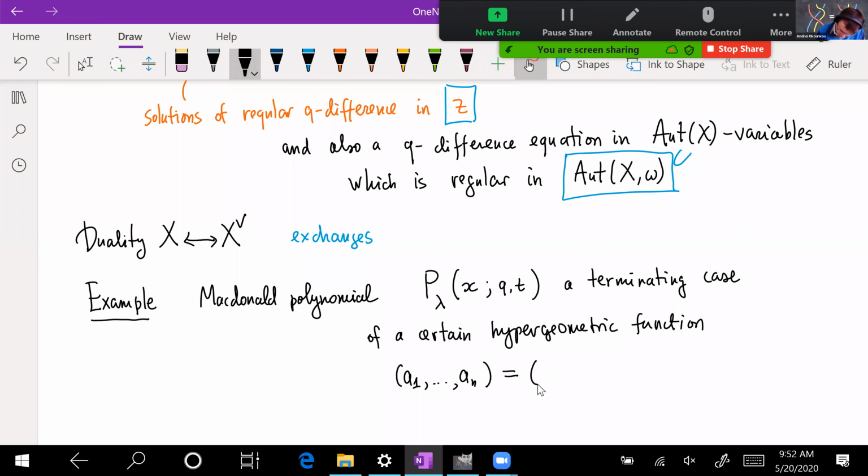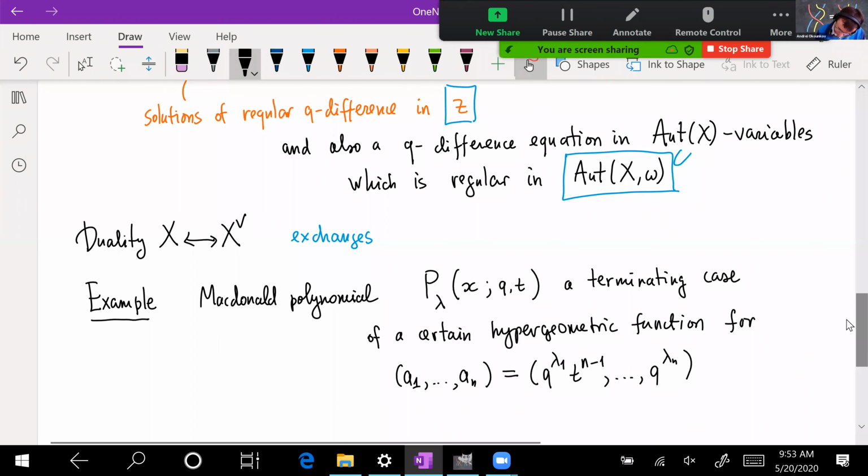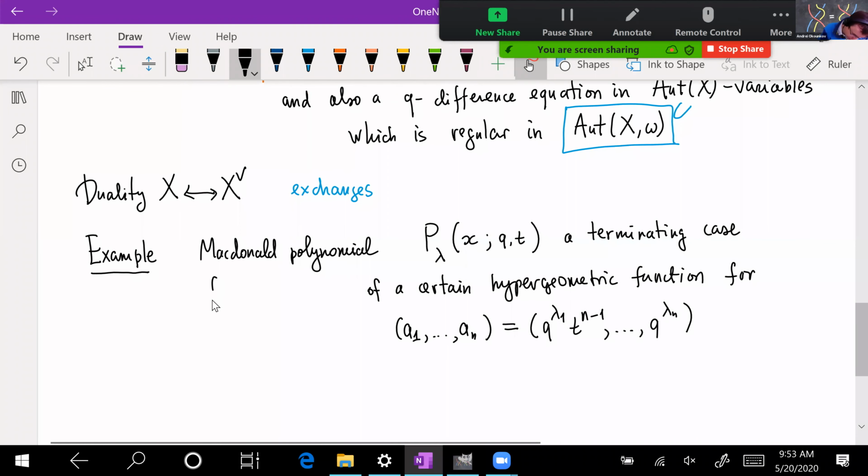Lambda was a partition, so you specify it like Q to the lambda 1, T to the N minus 1, this sort of thing, up to Q to the lambda N. Then the series terminates. I'm talking about the GLN Macdonald polynomials right now, Macdonald polynomials for the group GLN.